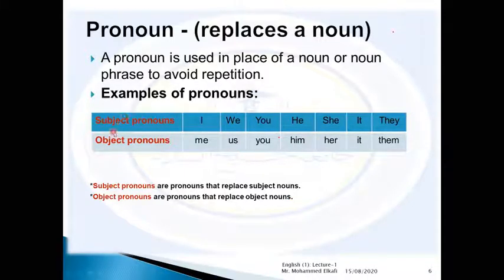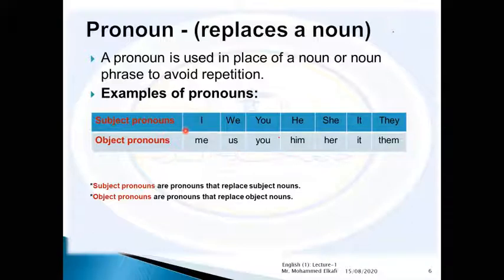So what are the subject pronouns of English? Does a pronoun come before or after a verb? Subject pronouns come before the verb.